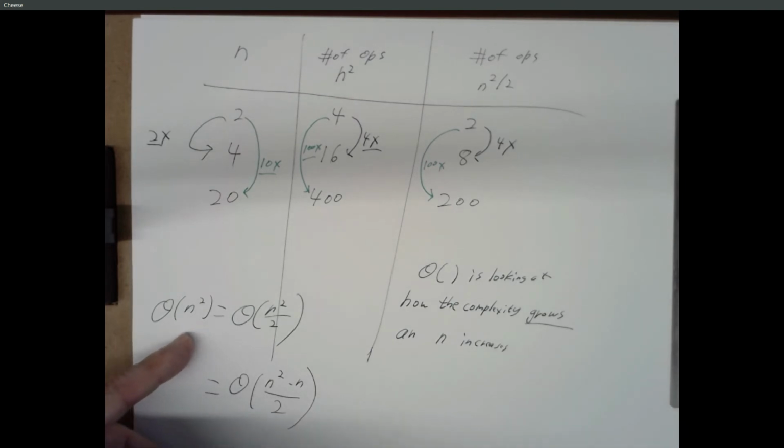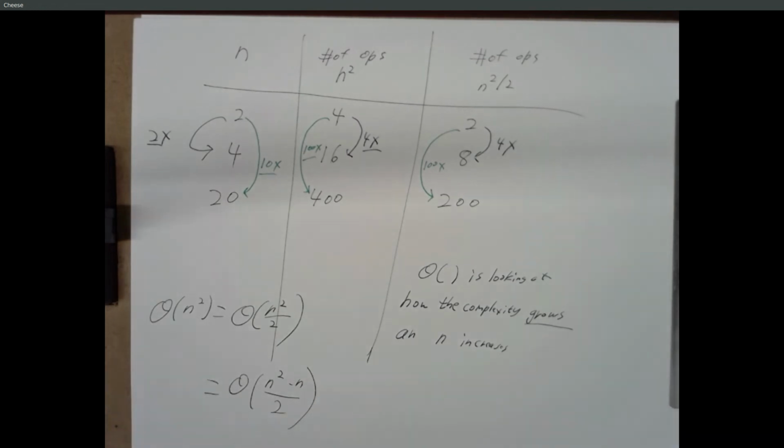If there's a constant, we're just going to reduce that constant to 1. And so you'll see things like order n squared, order log n, order n times log n, order 1, things like that.